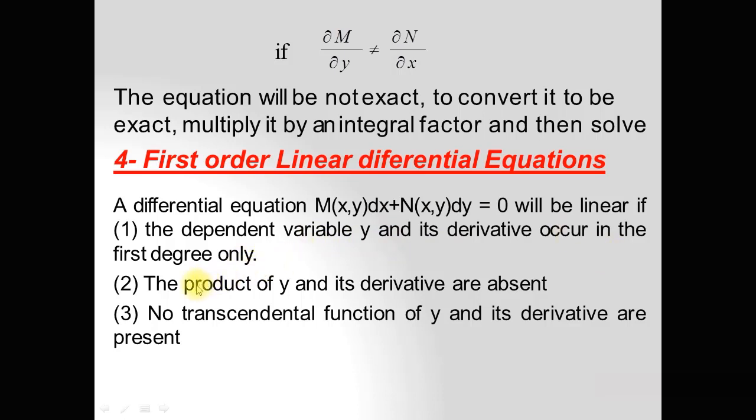The second condition is that the product of y and its derivative is absent. Since in this differential equation the dependent variable is y, the dependent variable y and its derivative occur in the first degree only, the product of y and its derivative is absent, and no transcendental function of y and its derivative is present in the given differential equation.